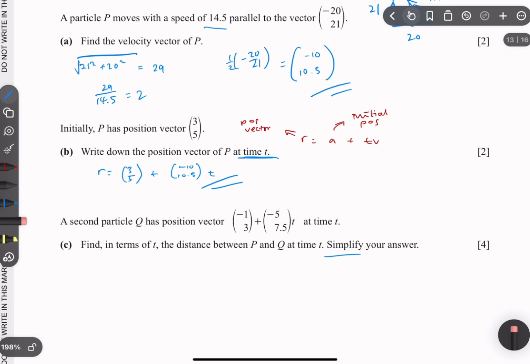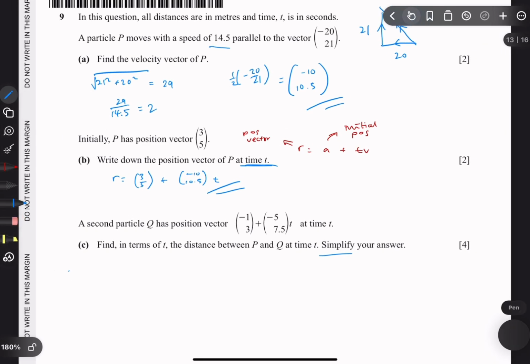For P, x value 3 minus 10t, and then y value would be 5 plus 10.5t. And then this is P, so Q, x2, y2.